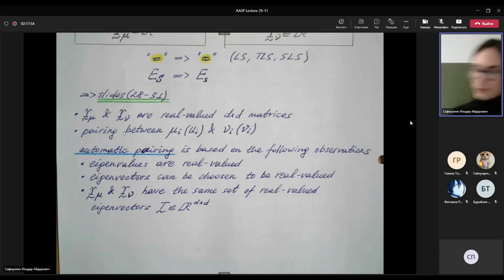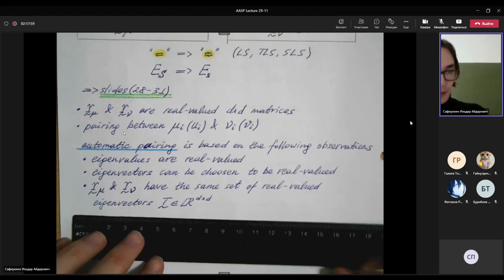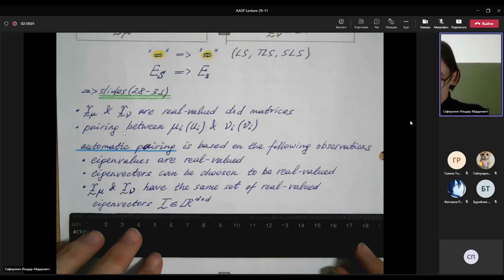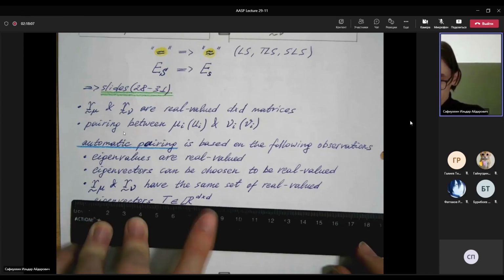Now let's put these three observations into the box, and then I will show you how we can use this automatic pairing.